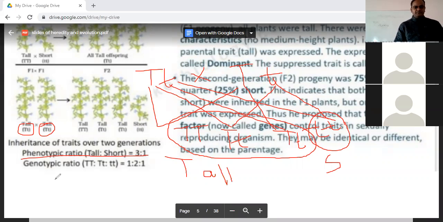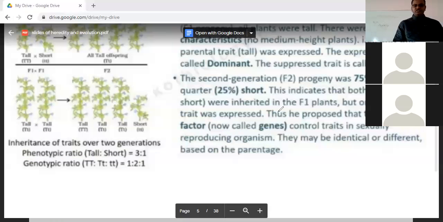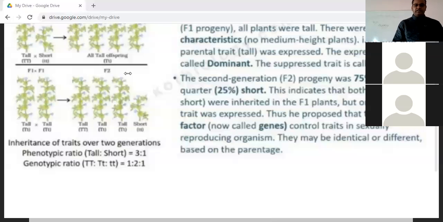So the genotypic ratio becomes 1:2:1. Is it clear to all the students? Okay, very good.